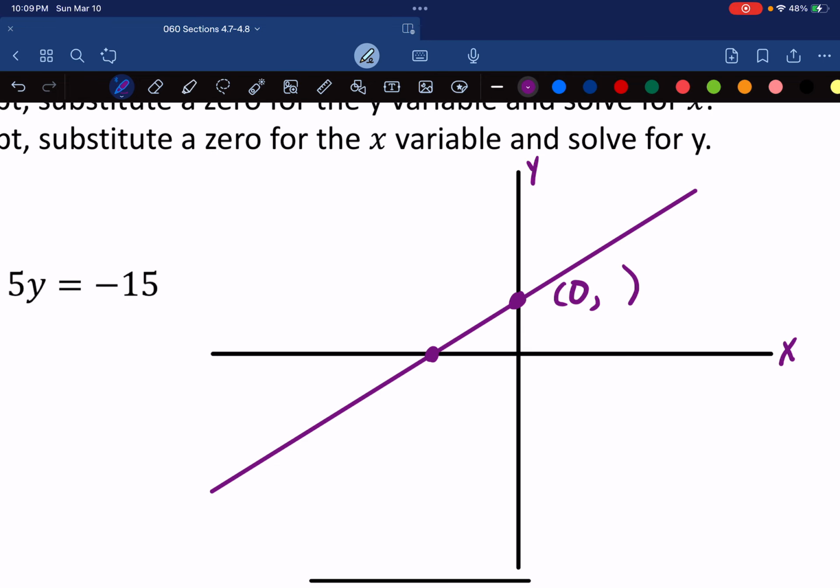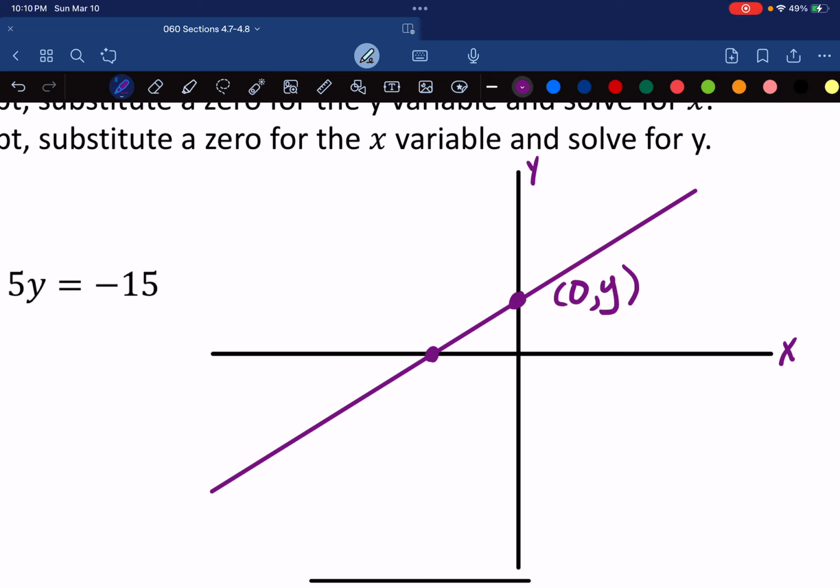Then I would go up however many spaces I need to get to this point. Whatever this value is on the y-axis, it could be a 3, it could be a 5, it could be 165, 123, or it could even be negative if the graph had been drawn a different way. But whatever that value is, we'll call it y. It creates our point 0, y.